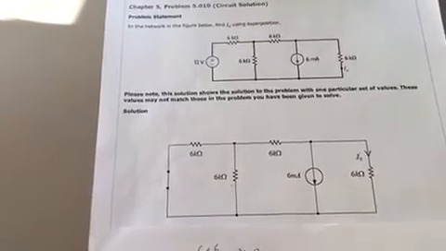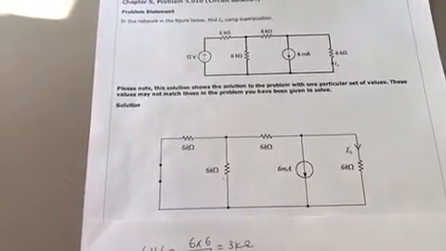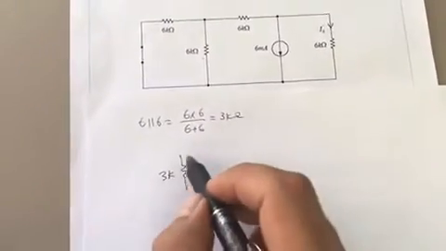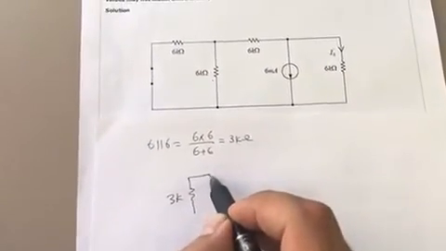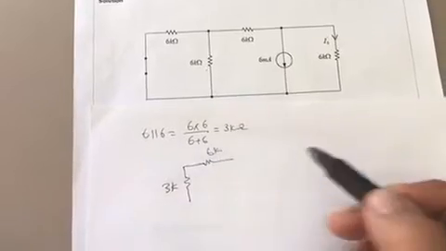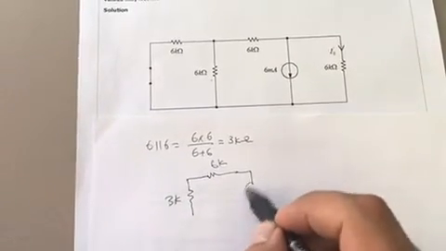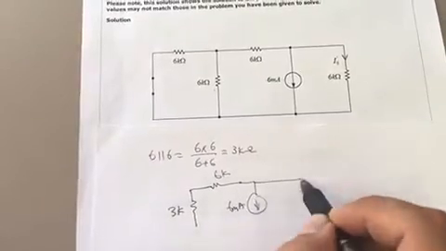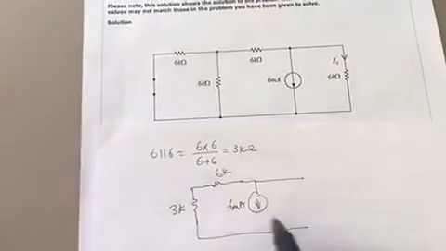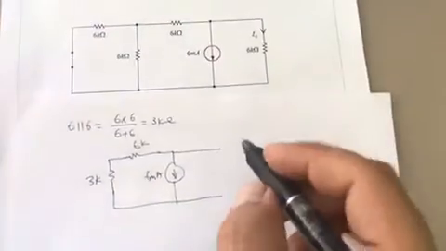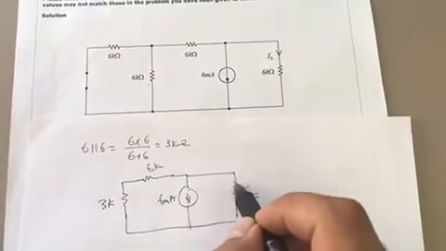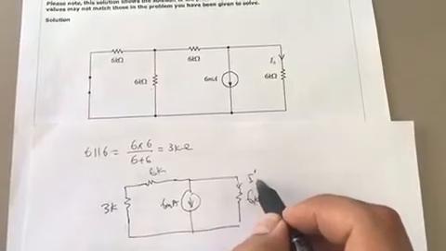If I do that, it's a 3K coming to a 6K. Then it is this current source of 6 milliampere. Then this is connected to this 6K, and I'm looking at this I0 prime.